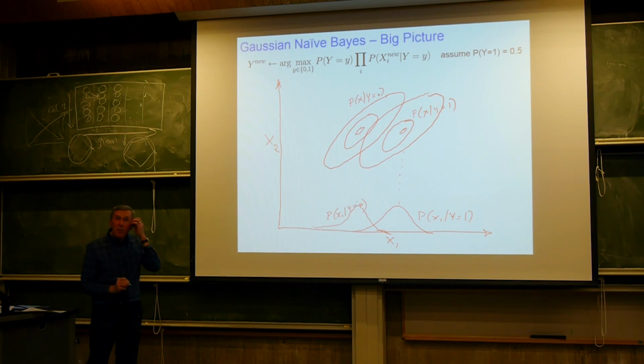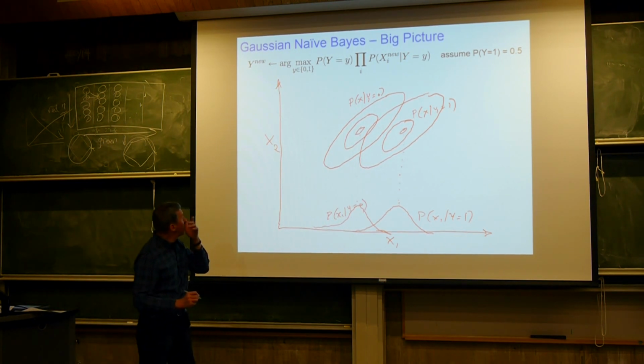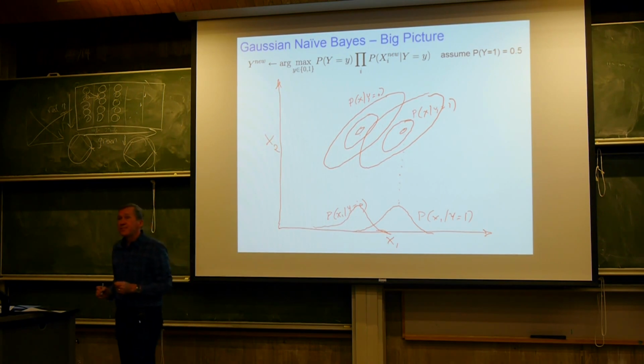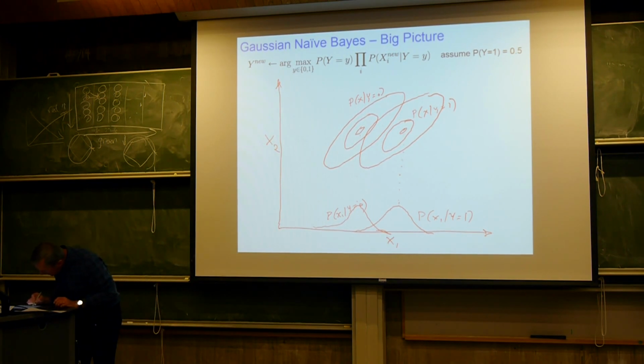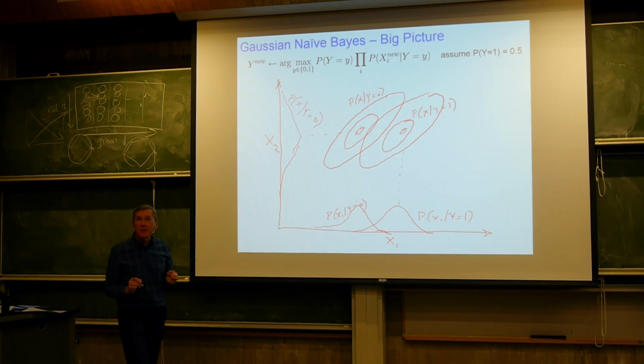Okay, that's good. And what about p of x2 given y equals 0? Well, that'll just be this thing projected back here. Maybe that'll be a little wider. It'll still peak at the mean here. So this could be p of x2 given y equals 0. And what will p of x2 given y equals 1 look like?